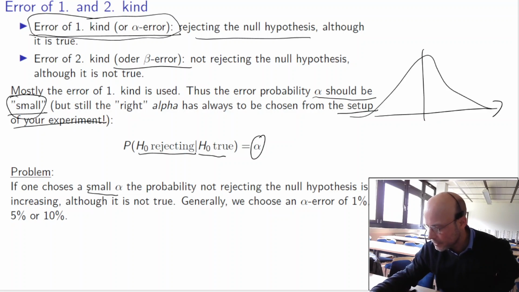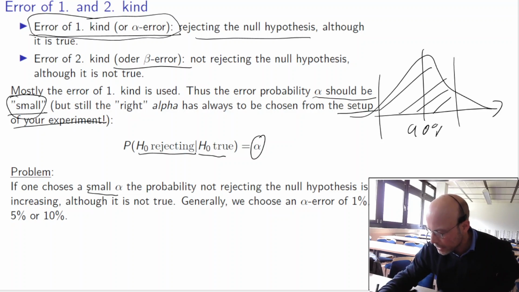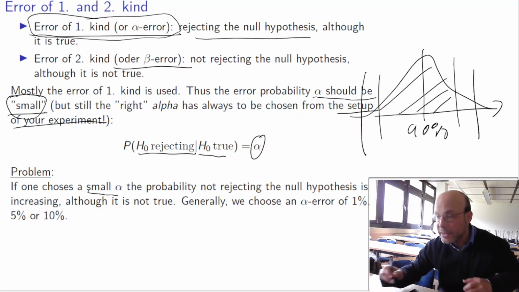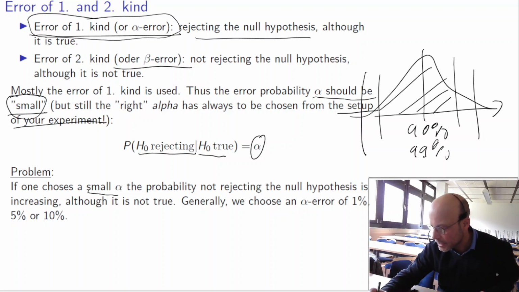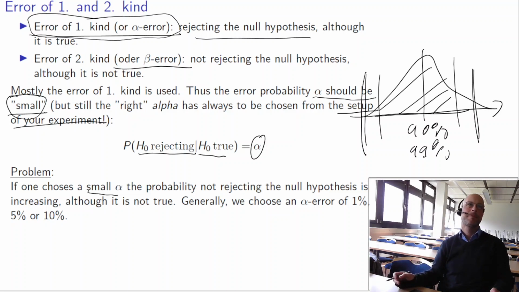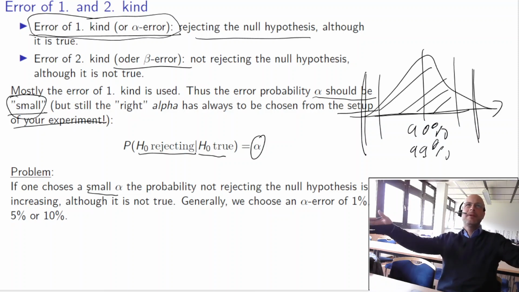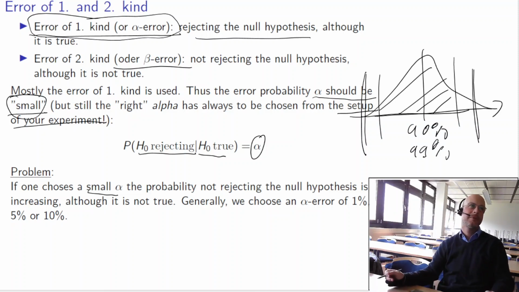This, of course, if we say 99% and this maybe 90%, if we move it out, then we have here maybe 99%, and then the interval for not rejecting our null hypothesis becomes larger and larger and larger.